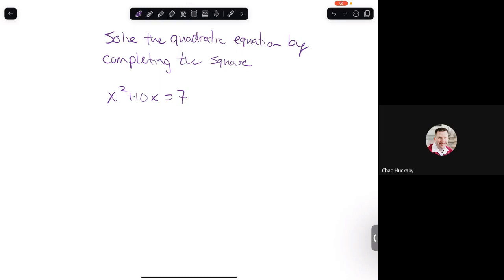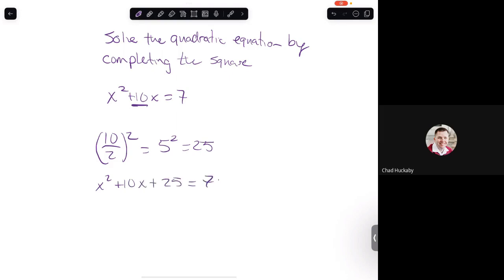Well, we can take this middle term, the coefficient, the 10, we can divide that by 2 and square it. So we get 10 over 2, which is 5 squared, which is 25. And we can add that to both sides. So x squared plus 10x plus 25 is equal to 7 plus 25.